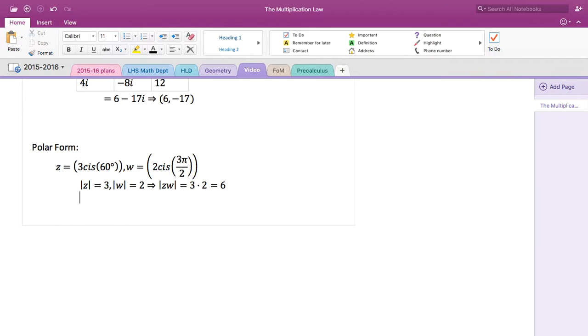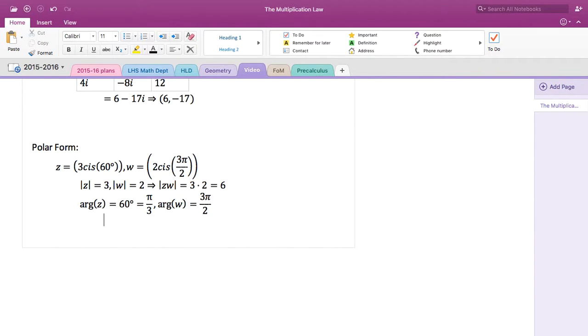The argument of z is 60 degrees, which is pi over 3, and the argument of w is 3 pi over 2.